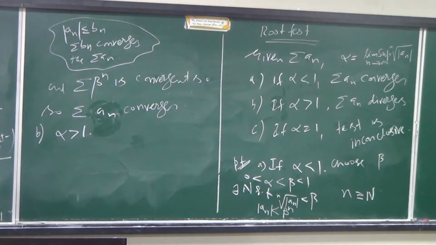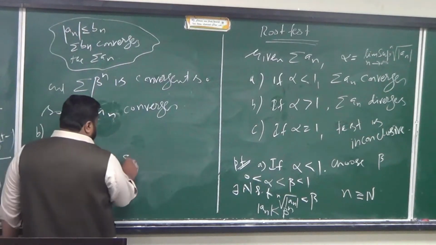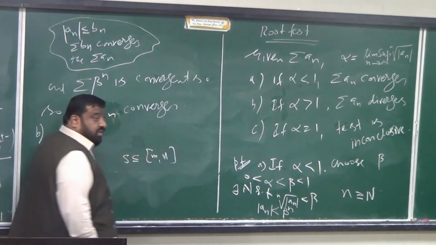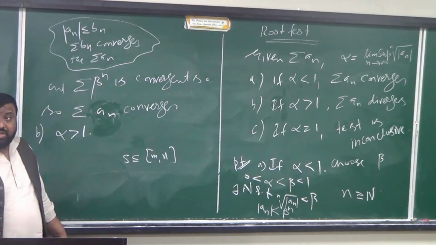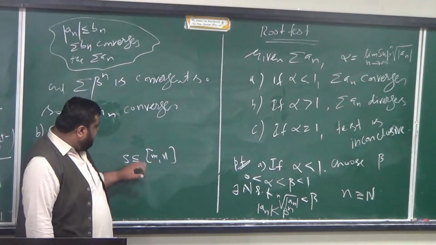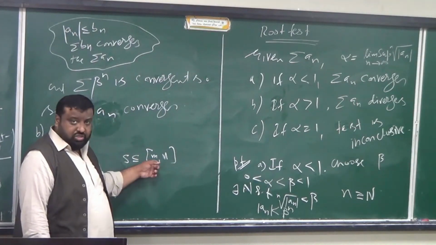You remember that result, that if S is the set of subsequential limits, then this set must be contained between m and capital M, the set of all subsequential limits under certain assumptions. So if I have S to be the set of all subsequential limits, it is going to be between m and M. It means another thing, that I'll tell the other case, it's the other way around. It goes like that.